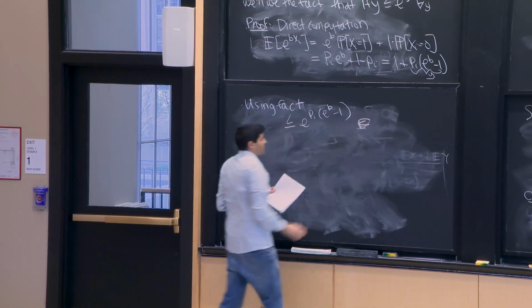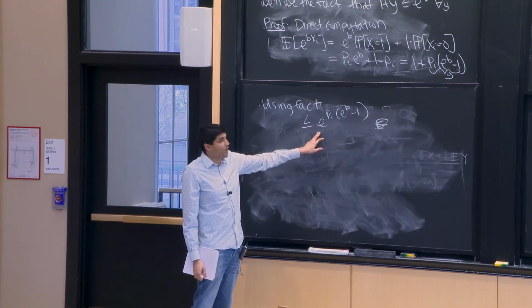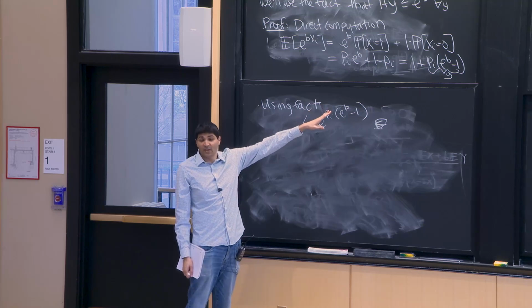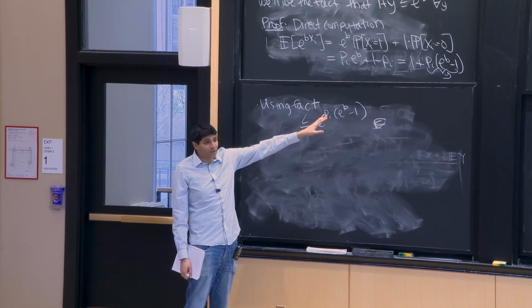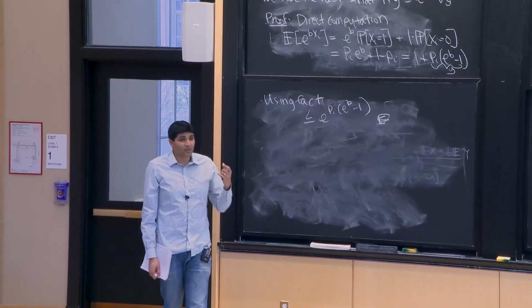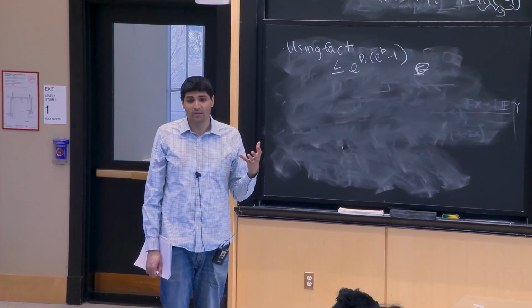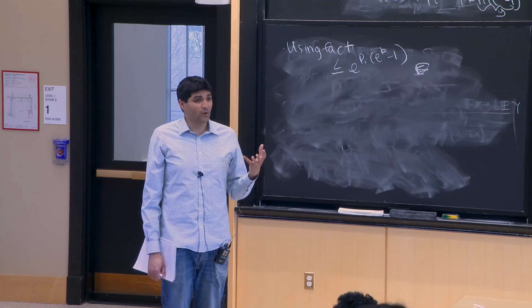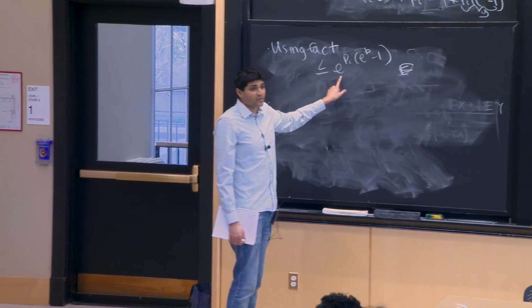Right now it's not totally obvious why we want an expression like this. Why did we not just stop at the expression I had above? Let me give you a little foreshadowing of where we're going. At the end of the day, the way that the Chernoff bound works is that the right-hand side has this quantity mu in it, which is the average of your random variable, and that quantity mu is the sum of the pi's.